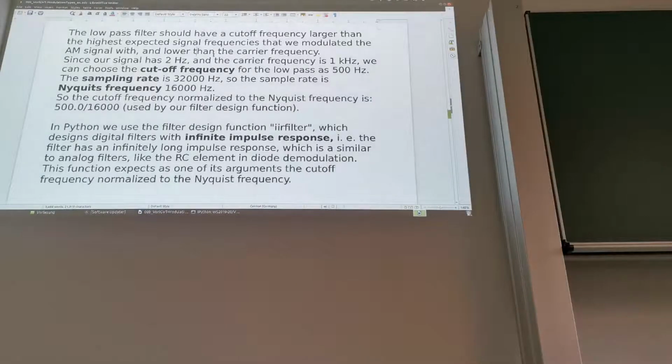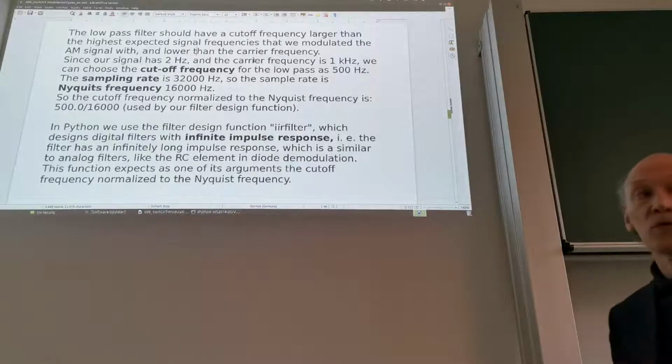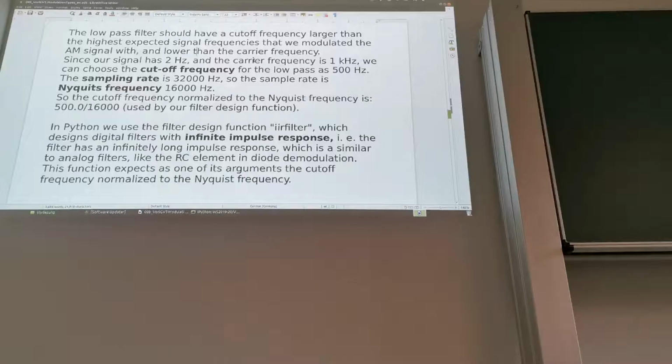So in our case, the signal frequency is 2 hertz. Here, this 2 hertz which you just saw, and the carrier frequency is 1 kilohertz. Again, almost an order of magnitude. So we can just choose the cutoff frequency in a wide range, and here I used 500 hertz. Right? So it's actually half the carrier frequency.